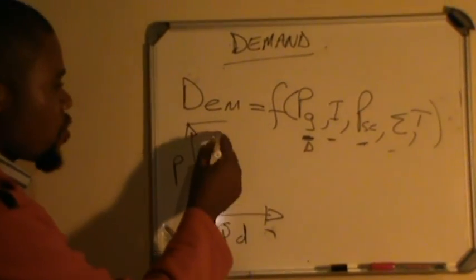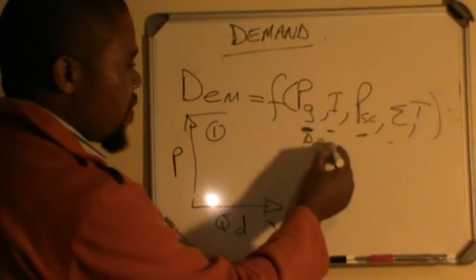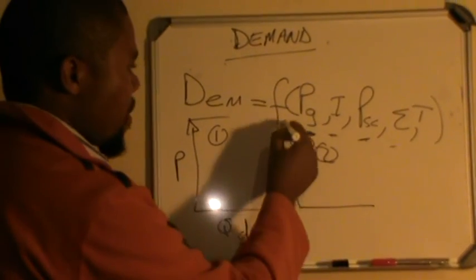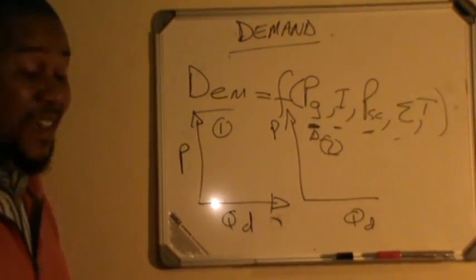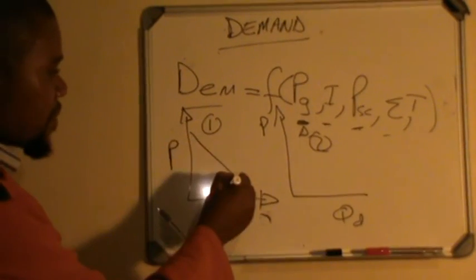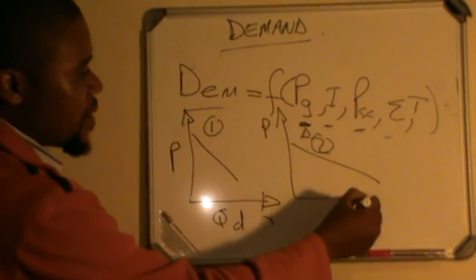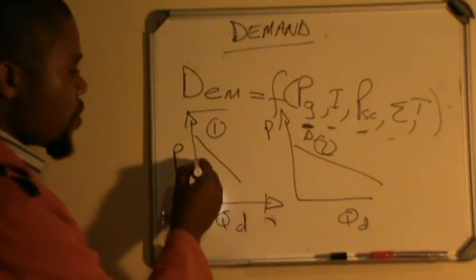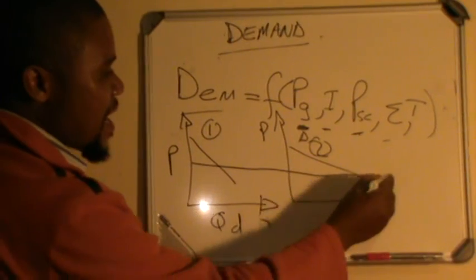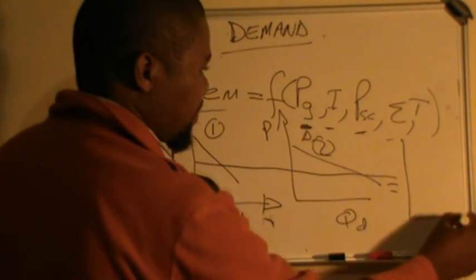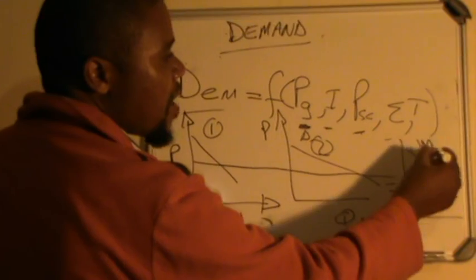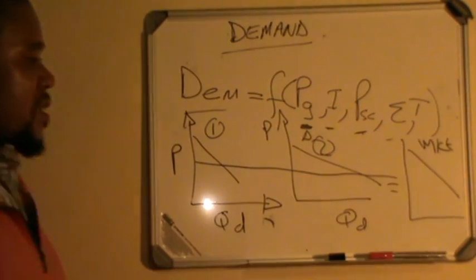So if this is individual 1 and this is individual 2, they both have their different demand schedules for the same good. One might be there and one might be a little bit more flat. But what we do really is add up the quantities to get the market demand.